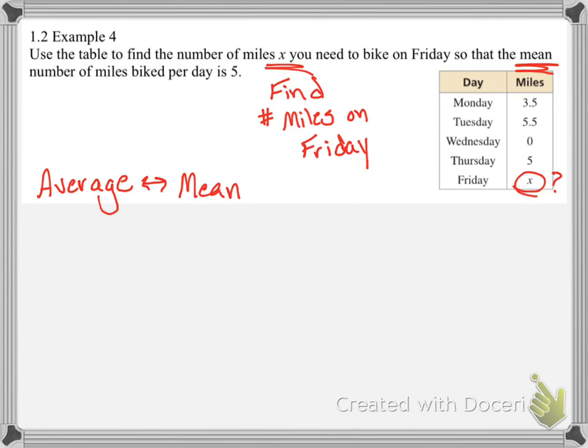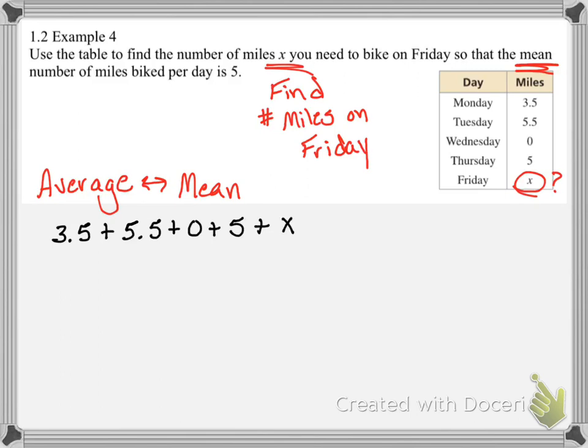So I'm going to add them all up and divide by how many there are. So we add 3.5 plus 5.5 plus 0 plus 5 plus what? What do we use for Friday?